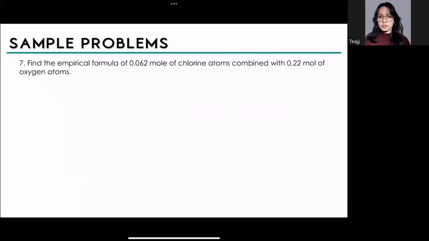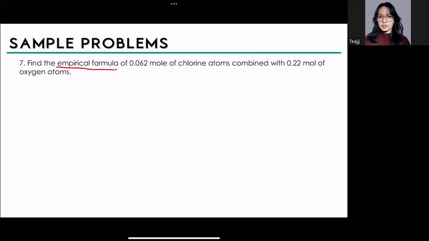Okay. Now let's go to number 7. For number 7, you have this question. Find the empirical formula of 0.062 moles of chlorine atoms combined with 0.22 moles of oxygen atoms. Let's see. What are our steps for getting an empirical formula?